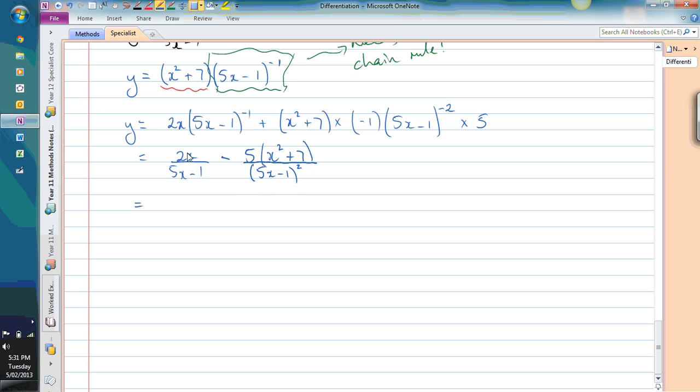So I need to get the denominator of the first one to be the same as the denominator of the second one. So to do that, we're going to use the old trick we know. If I multiply this fraction by 5x minus 1 on 5x minus 1, remember 5x minus 1 on 5x minus 1 is just 1 in disguise.